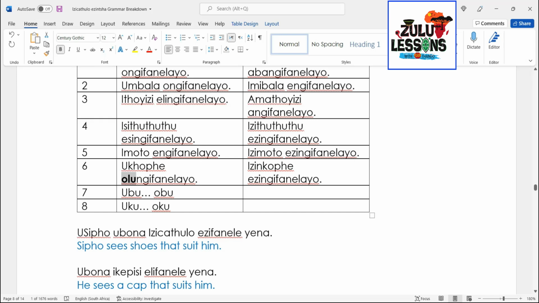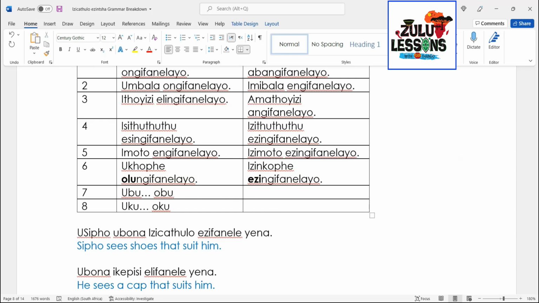Olungifanelayo, that olu is the prefix that we would then use for a class 6 singular noun. And then izinkophe ezingifanelayo. Izinkophe ezingifanelayo. So eyelashes that suit me. No, I'm not looking for eyelashes.